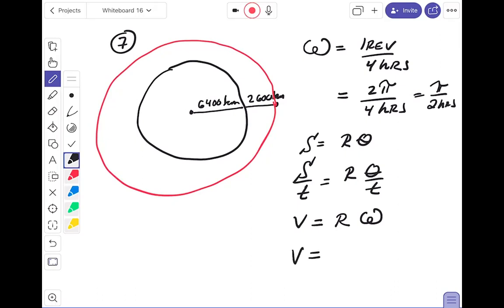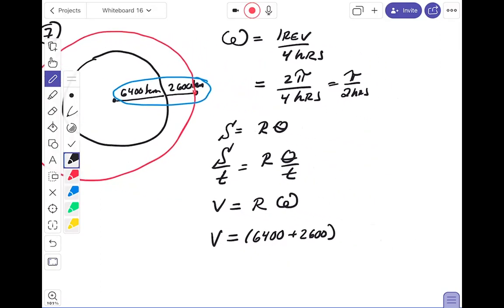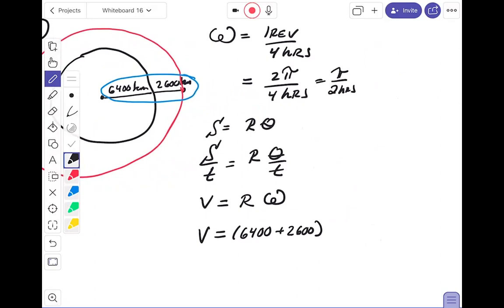I know r. This is where some people might get confused. I want to point out that's the r for the satellite. It's 6,400 plus 2,600 kilometers. That's the r. What's the omega? This is the omega. So it's going to be pi over 2 hours. What do you get over here?